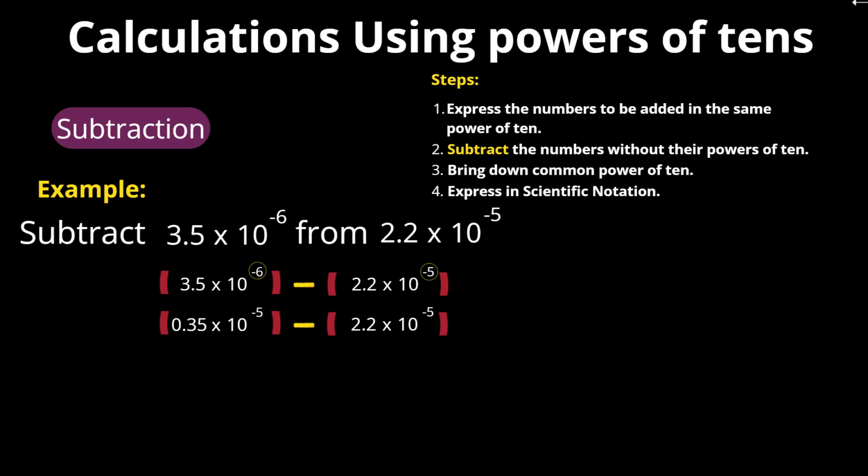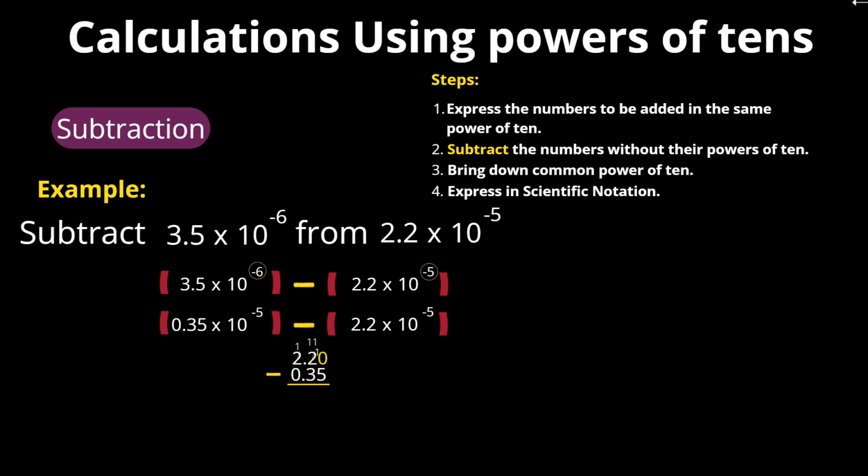Now let's subtract the numbers without their powers. So that is 2.20 minus 0.35. 0 minus 5, we cannot subtract. 2 minus 3, we cannot subtract. We need to borrow. So when we borrow, that will be 1 and 11 and 10.